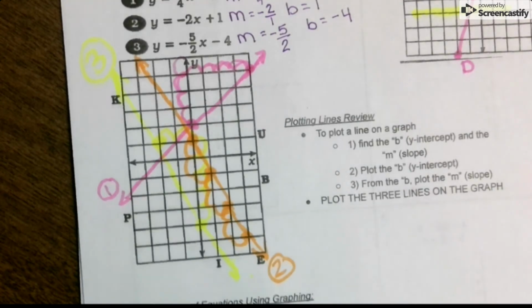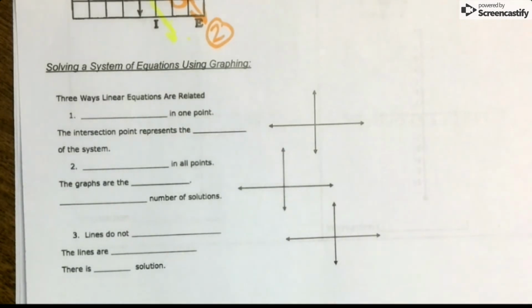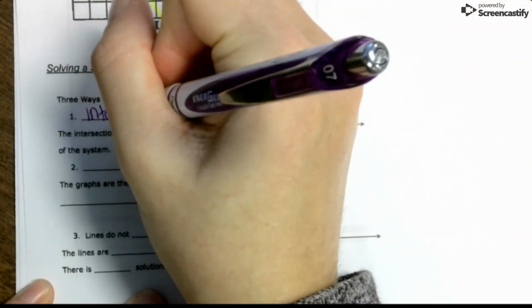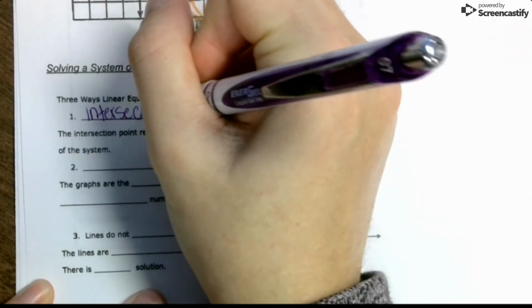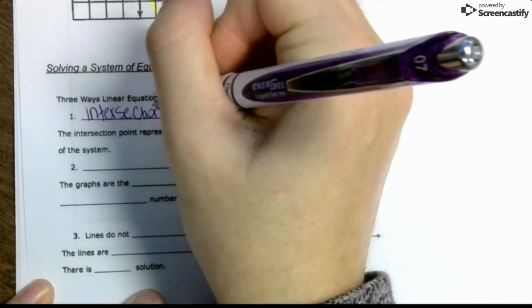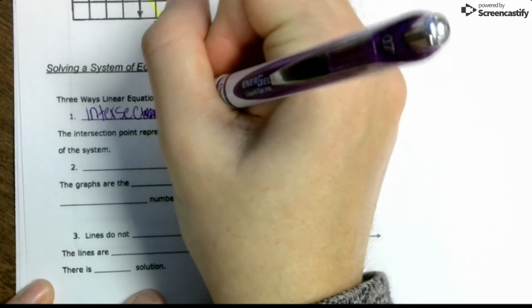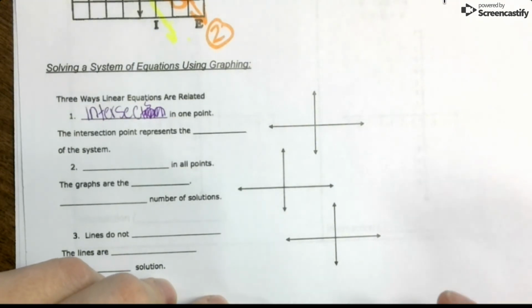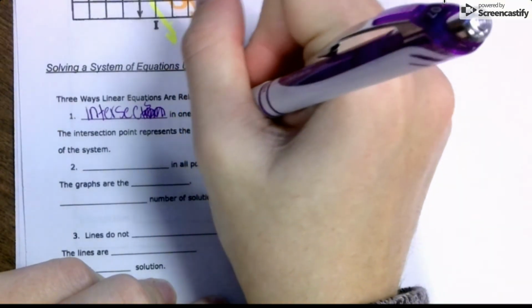So looking at the bottom part, this is where it starts the new thing, right? So it says 3 ways linear equations are related. So first, it's going to be intersects. And all of these are going to be talking about an intersection of some sort. Intersects, okay? In one point. The intersection represents the solution, right?